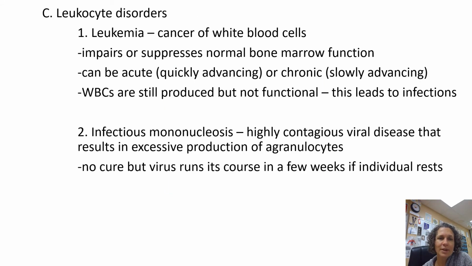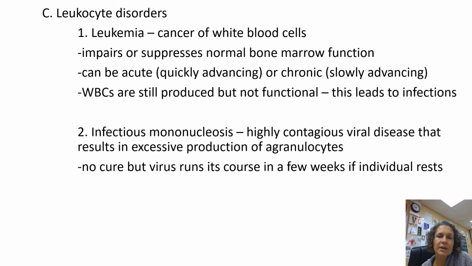Okay, now white blood cell disorders, leukocyte disorders. Leukemia is a cancer of the white blood cells, and leukemia causes problems with your bone marrow, which is not producing the cells that it should. Leukemia can be acute, very quickly advancing, or chronic, very slow.